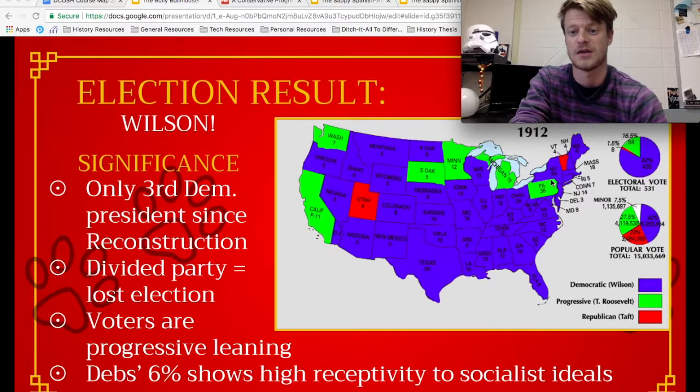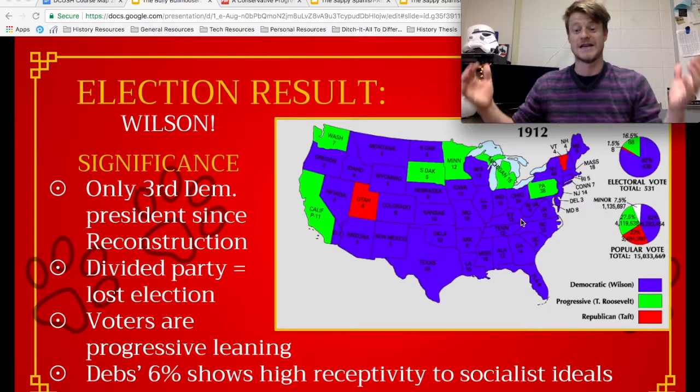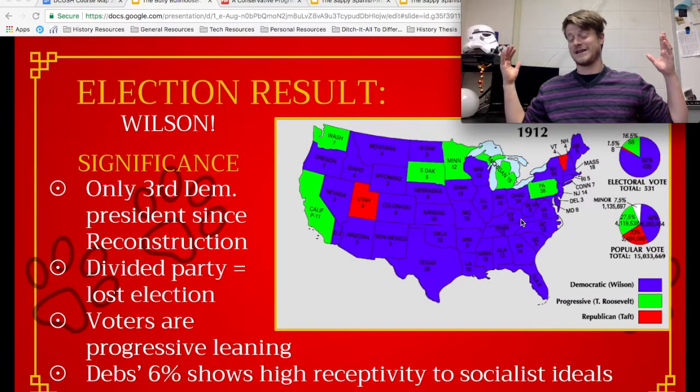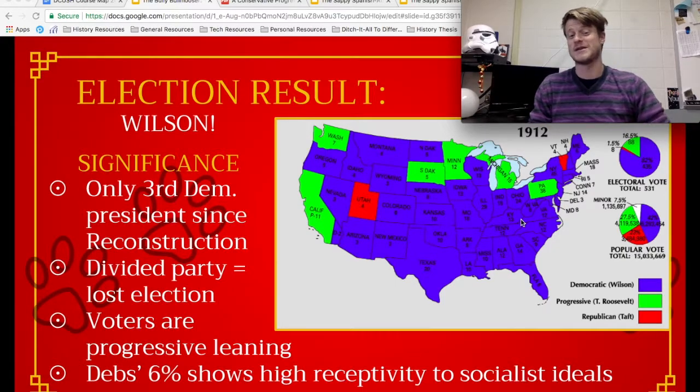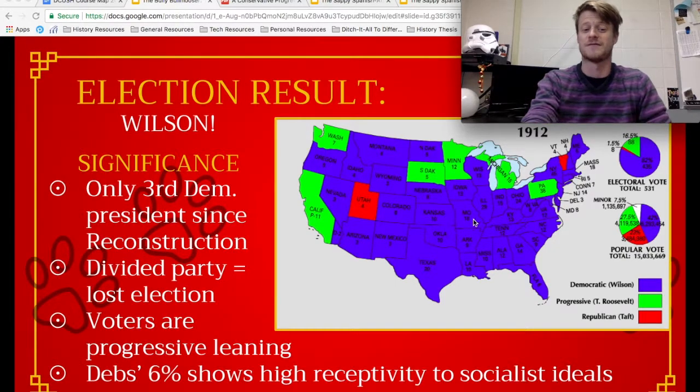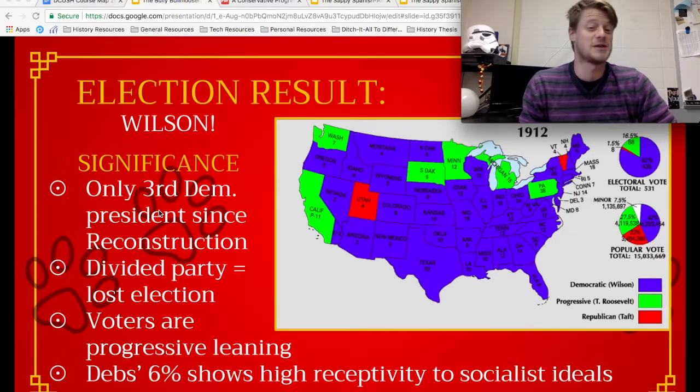Again, that's a third party taking all those votes. The two fighting against each other basically dooms any possibility. A divided party is almost certainly going to result in a lost election. That's exactly what happens. And so when Wilson wins, he's the third Democrat to be president since Reconstruction.